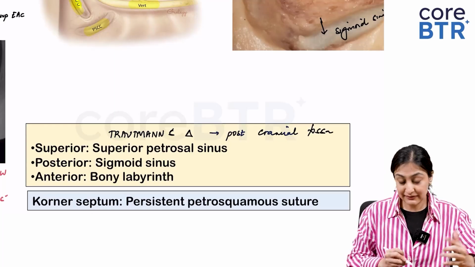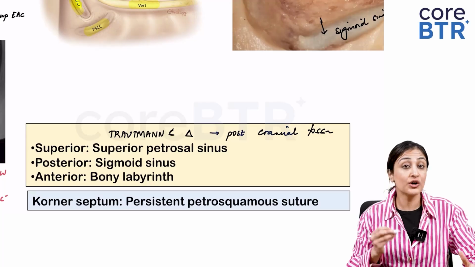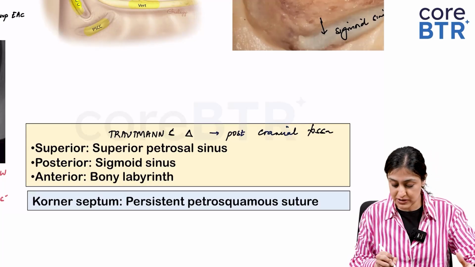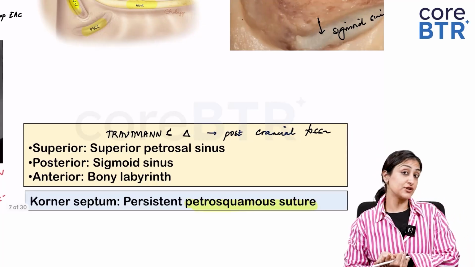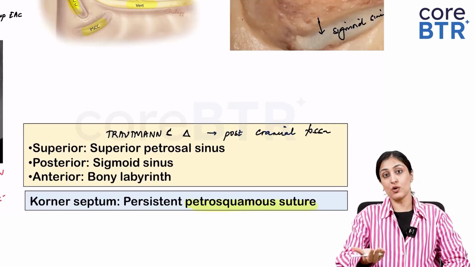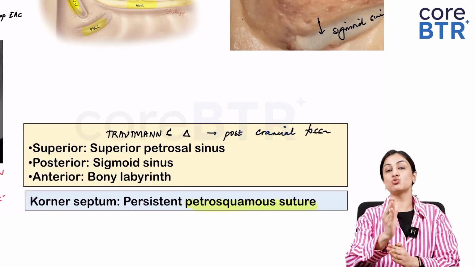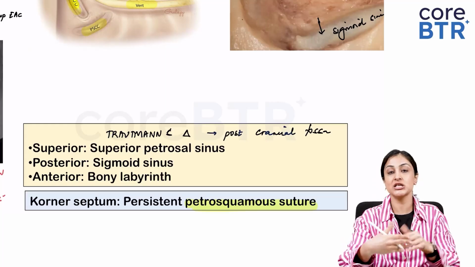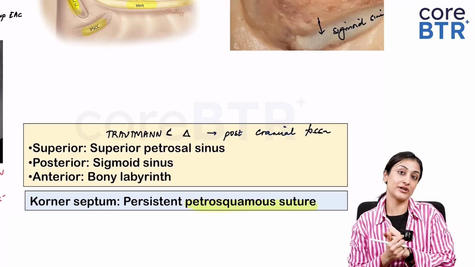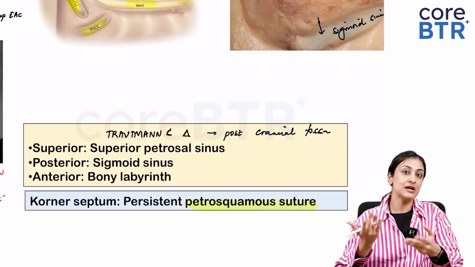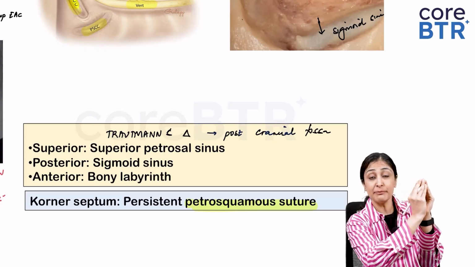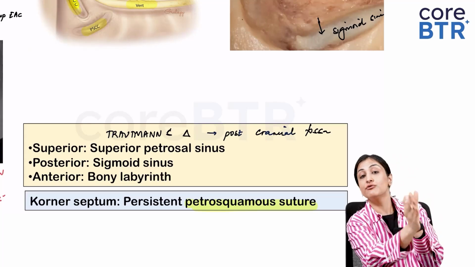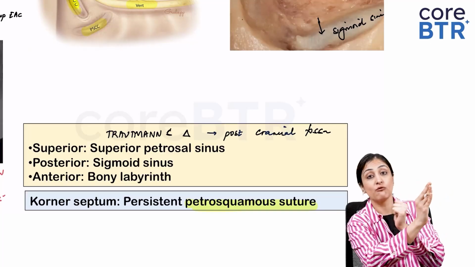Then there is an anatomical variation called Korner's septum. Korner's septum is a persistent petrosquamous suture. Both of these are parts of the temporal bone, petrous temporal and squamous temporal. So if there is this suture within the mastoid, and let's say somebody has mastoiditis and I'm trying to drain the pus, this part will always remain. It's like a wall, like a hidden chamber because of a persistent wall, and you didn't know that wall was an anomaly.